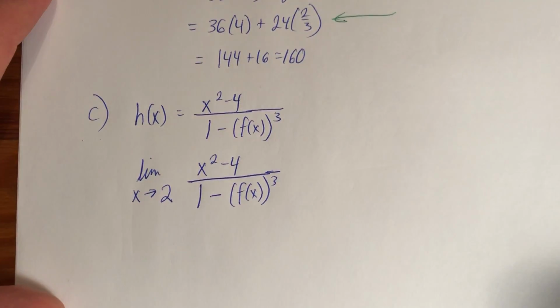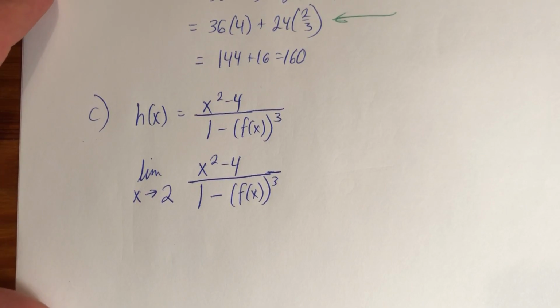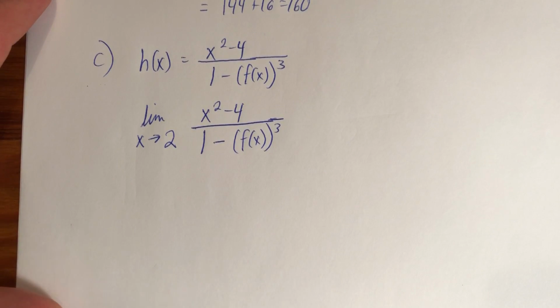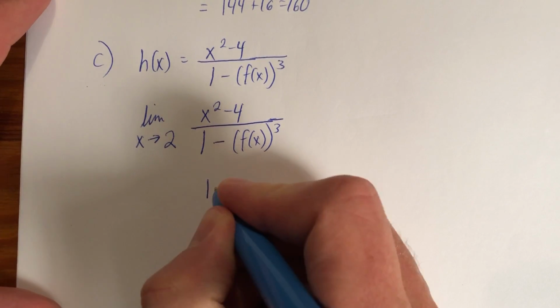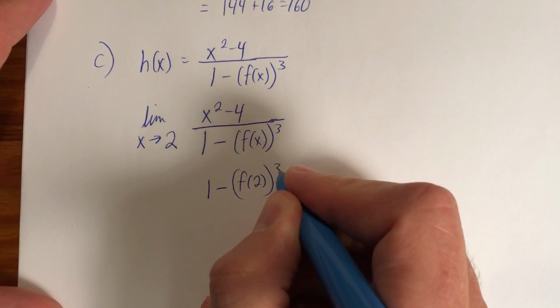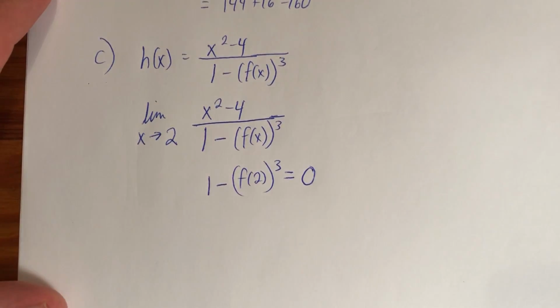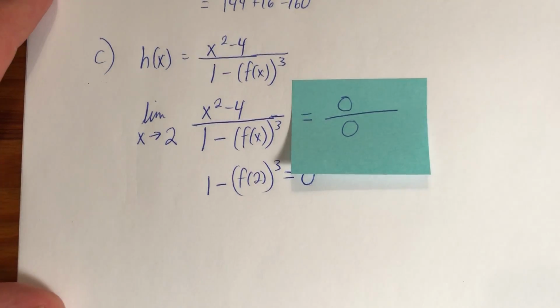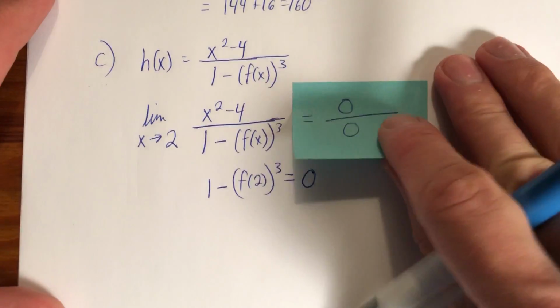So here's what I started thinking. If I was to use direct substitution, and I am going to write this because this is part of the thought process, then this denominator, f of 2, all cubed, is going to give me 0. Because they said you have to L'Hopital this thing, the denominator has to be 0.